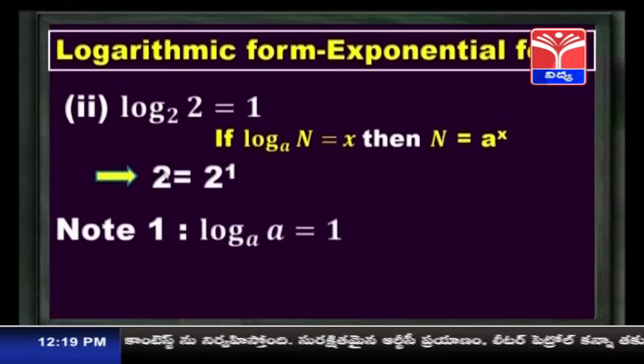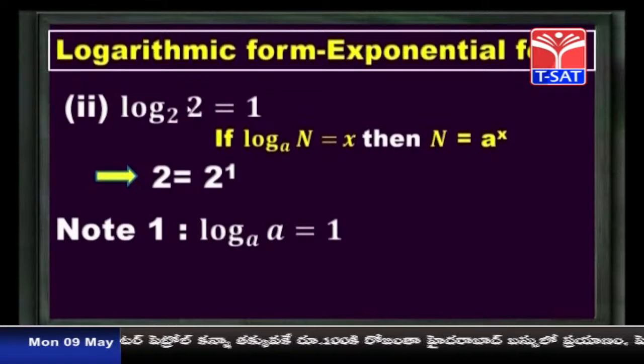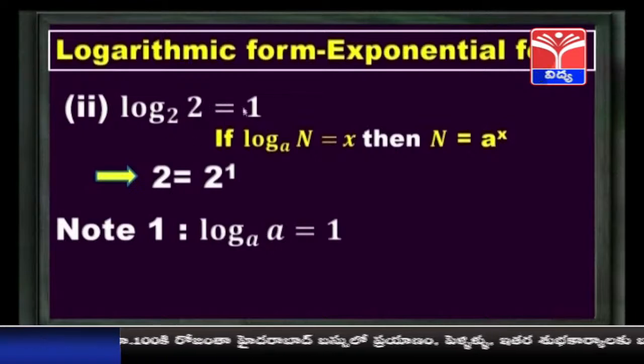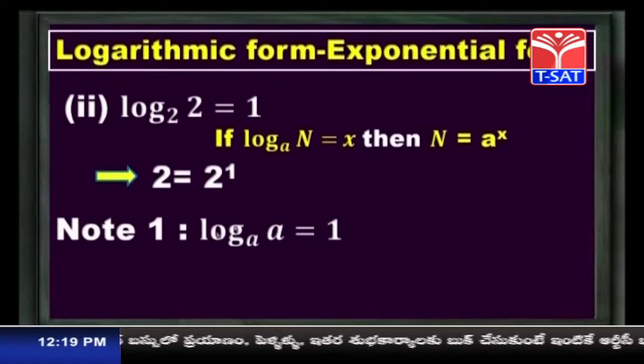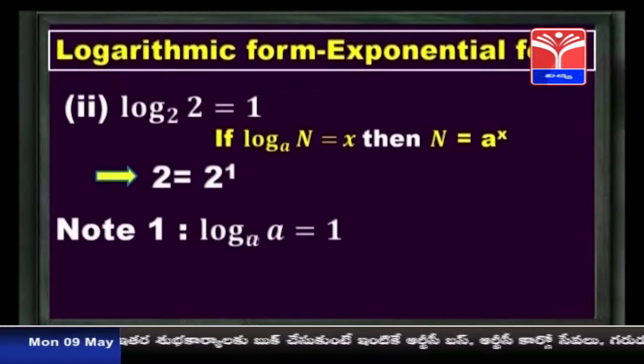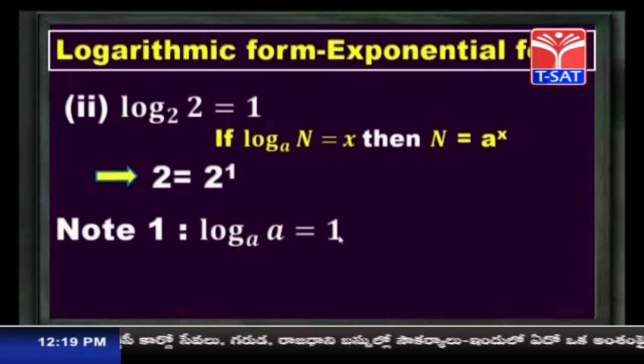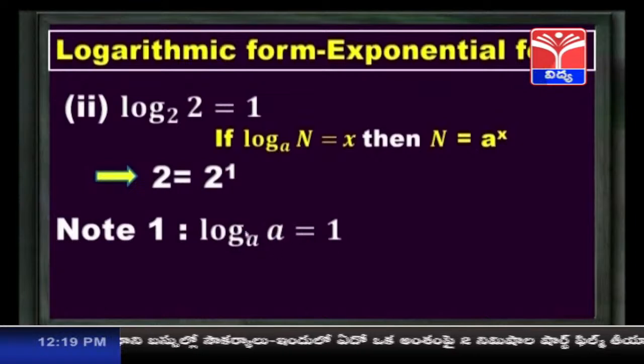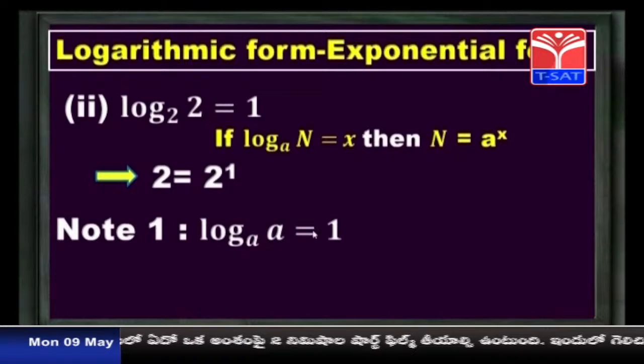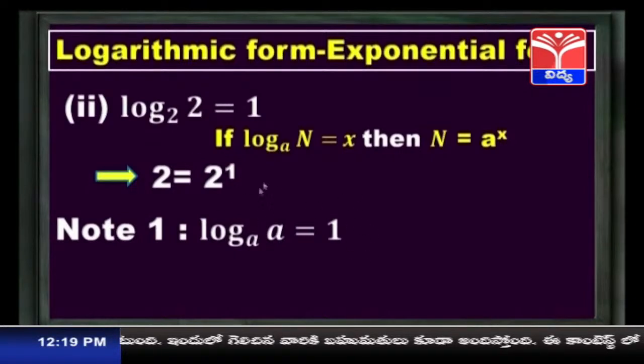If you replace 2 by a, we can write a note here. If the base and the number are the same, the value of the log will be 1. We can generalize this as log a to the base a is equal to 1. So always if the log value and base value are the same, the value is 1. This is the proof for that.